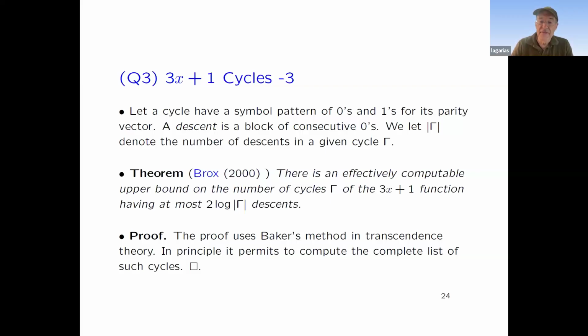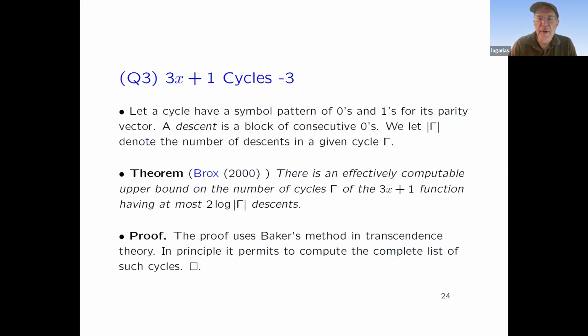The strongest theorem of that sort that I know of is the theorem of Brock, which says if you look at a symbol sequence for a cycle, which is zeros and ones, and a descent will count only the blocks of consecutive zeros. So instead of counting the zeros separately, I group them into blocks of zeros.